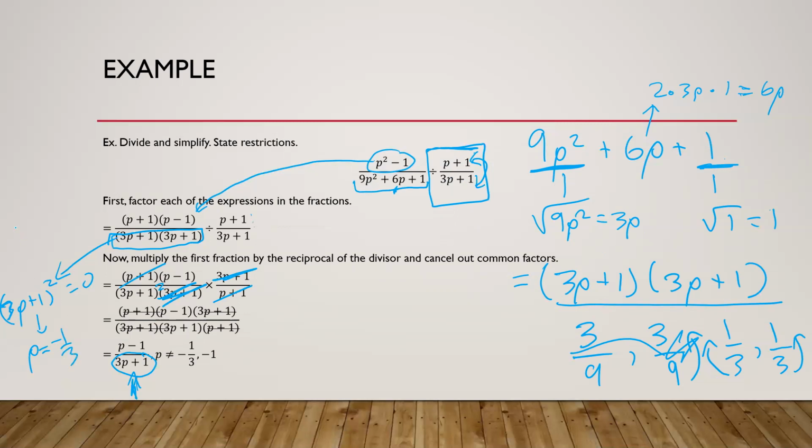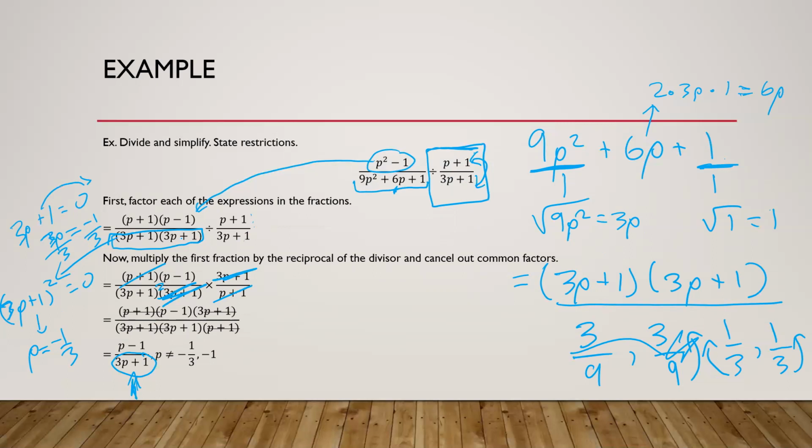And how did I get that? I'll just show the work here because I know some of you might be a little bit lost. That's okay. I bring the 1 over, I get negative 1 is equal to 3p, and then of course I divide by 3. And that's how I got negative 1 over 3. So that is one of the restrictions.